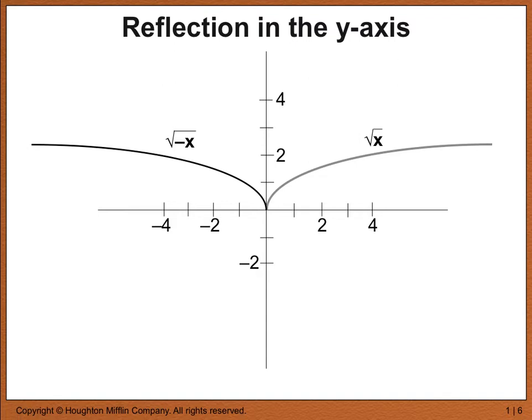So that's how a reflection in the y-axis works: you take a negative of the innermost x. Okay, a reflection in the x-axis is taking a negative of the whole function, but a reflection in the y-axis is taking a negative of the innermost x, within the function.